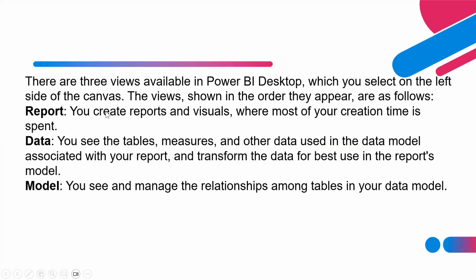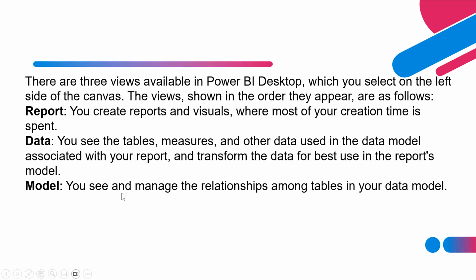So you can see report view, data view, where you see the tables and measures. I'm still going to explain more about measures and calculated columns with tables. That is where you build measures and other data used in your data model associated with your report, and transformation for best use in the report model.